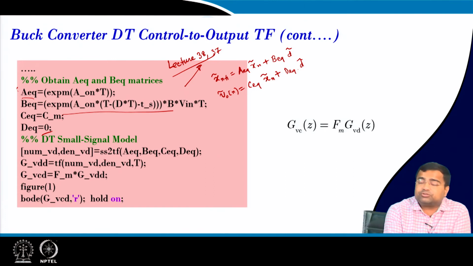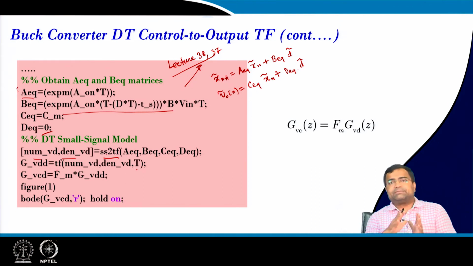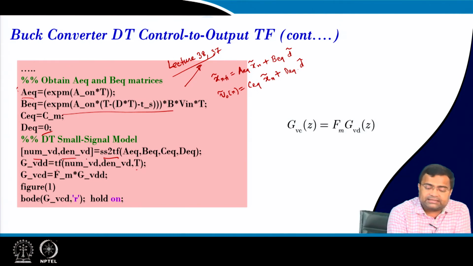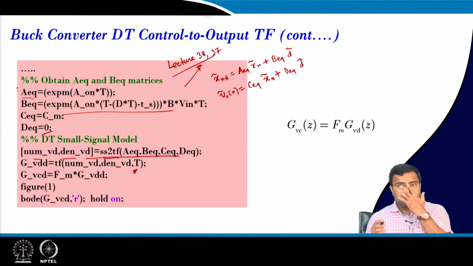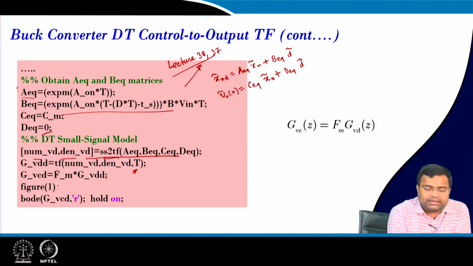We can simply use state space to transfer function, and for the GVDD transfer function we get the numerator and denominator by converting state space to transfer function. Since it is in discrete time, you have to specify the sampling time, so it is considered a discrete time transfer function. Then we multiply with our modulator gain and simply use the Bode plot. This way we are getting GVCD in the Z domain.